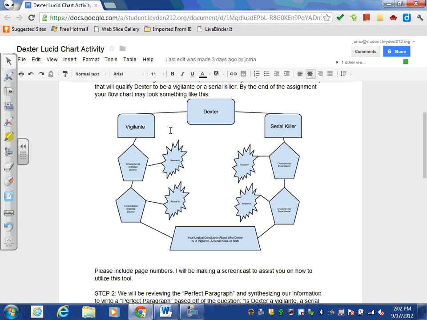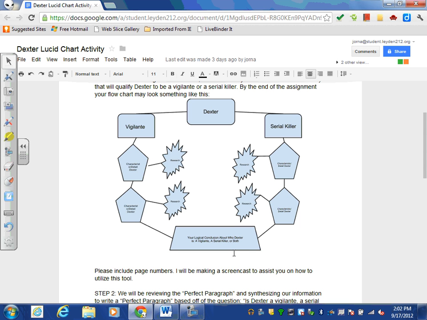But what you want to do is pick a side, and now you guys have 3 in each category. I want you to determine maybe the top 2 characteristics of him as a vigilante, or the top 2 characteristics that you want to talk about of him being a serial killer. Are you with me?